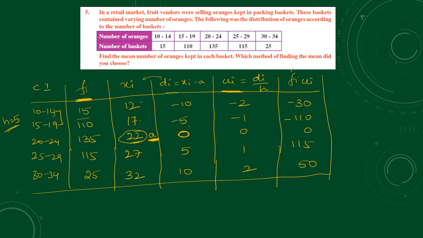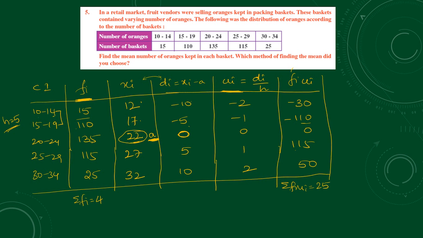Now simplification. 115 minus 110 is nothing but 5, so that 5 you keep aside. 50 minus 30 is 20. So totally sigma fi ui is 25. Next, what about sigma fi? Sigma fi is equal to 100, 100, 200, 300, 310, 325, 330, 360, 375, 400.